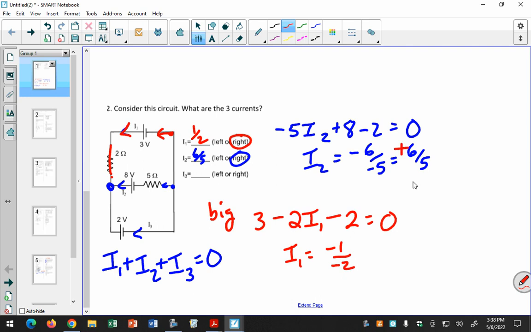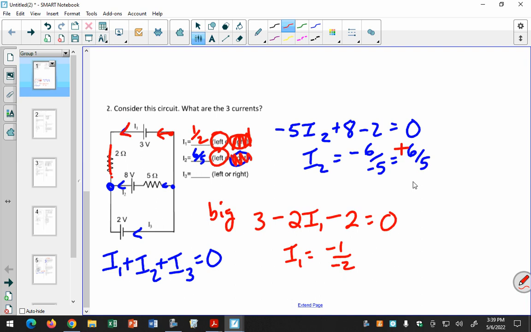Yeah, this is positive, so that means this direction should be to the left. Okay, so I have I1. Oh, and this was positive too, huh? Yeah, so that should be to the left too. Okay, sorry about that. Y'all see the mistake that I made?